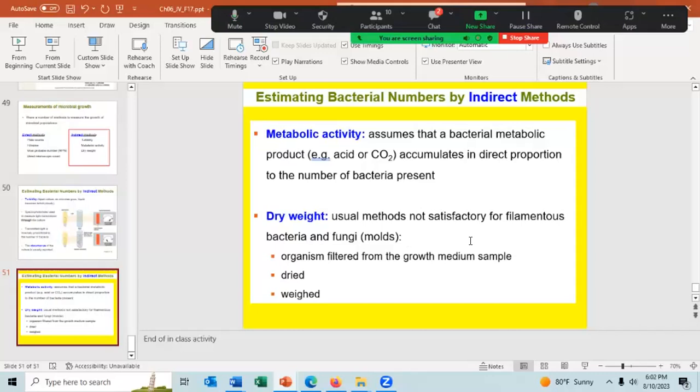Once they're dry, you measure the dry weight, and then you compare it to a chart for the amount of weight or the number of cells you have. Somebody has to make the chart initially, but once you have the chart, you can use that chart for years.